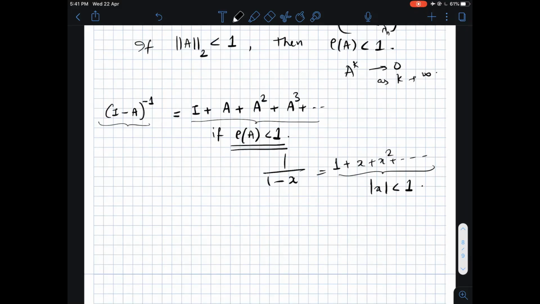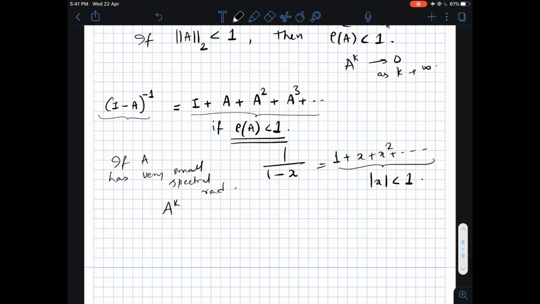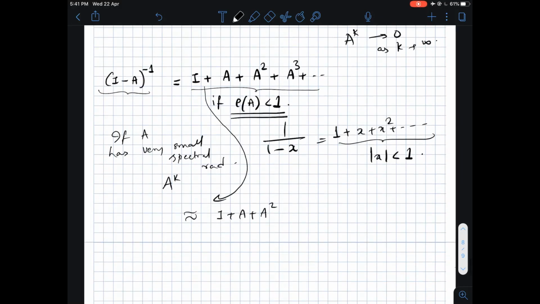So this actually gives you a technique to invert a matrix. For example, suppose A has a very small spectral radius, meaning that A to the k goes to 0 very quickly. Then maybe I can approximate this series with just a few terms, maybe I plus A plus A square.